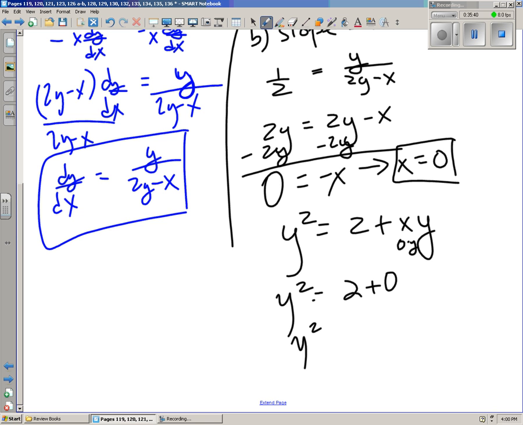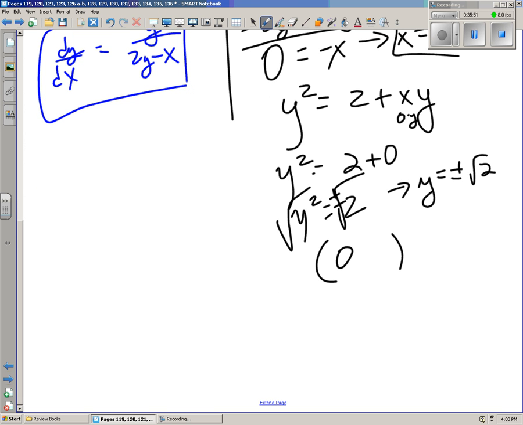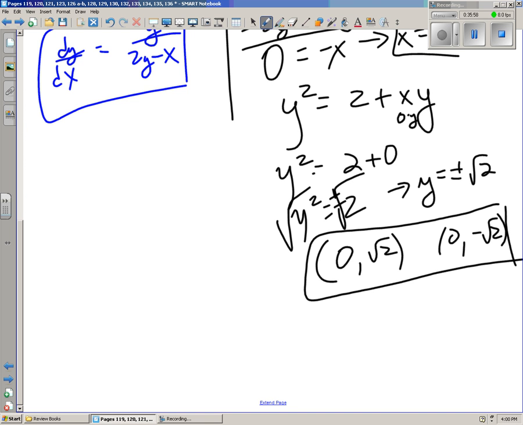So y squared is 2. Taking the square root and understanding that there are two solutions, y is plus or minus radical 2. So there are 2 points. One point is 0 comma radical 2. The other point is 0 comma negative radical 2. Not too shabby. We've definitely done harder ones than this.